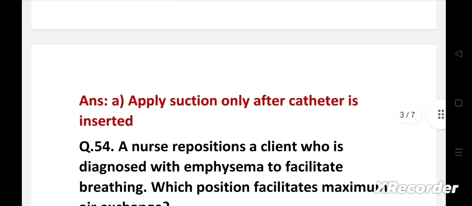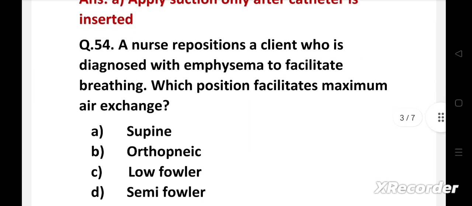Next question. A nurse repositions a client who is diagnosed with emphysema to facilitate breathing. Which position facilitates maximum air exchange? Option A, supine.